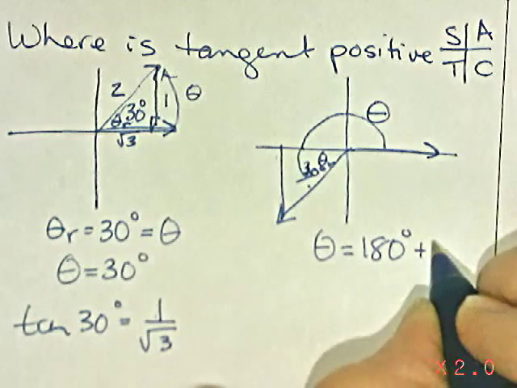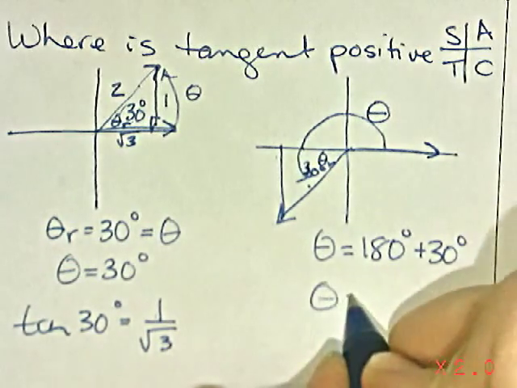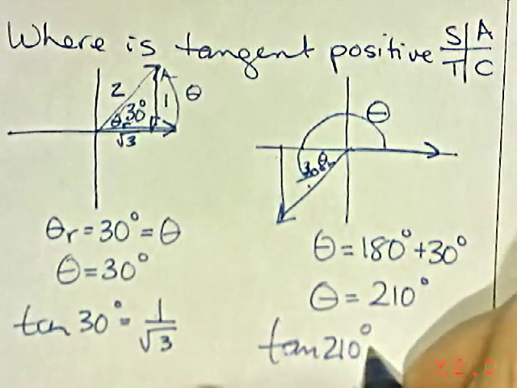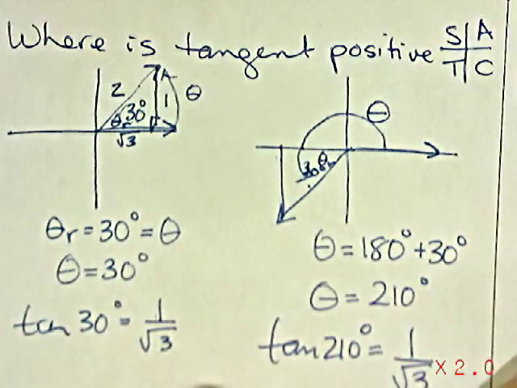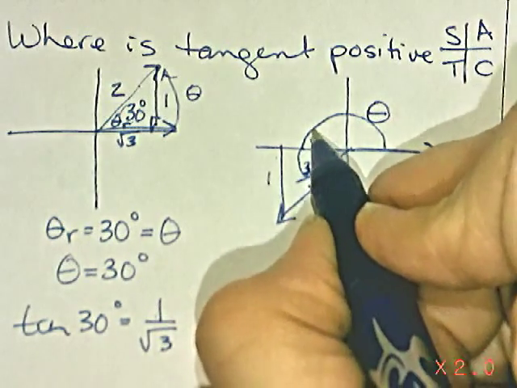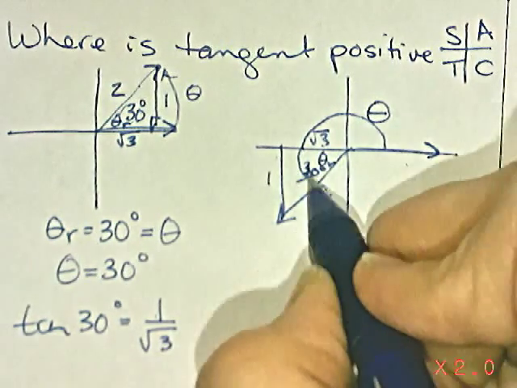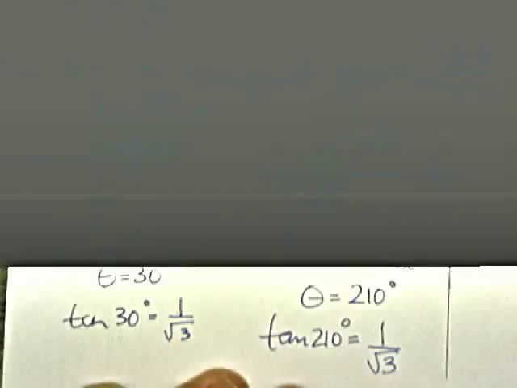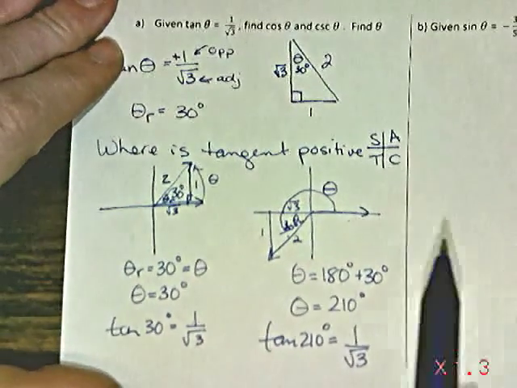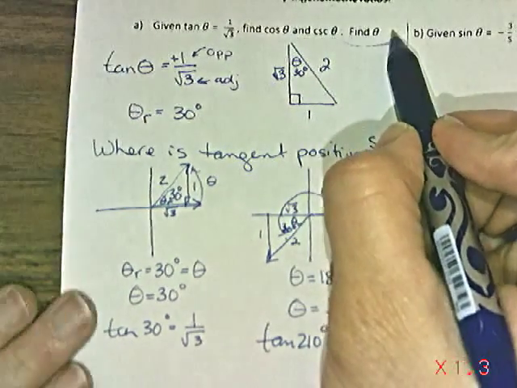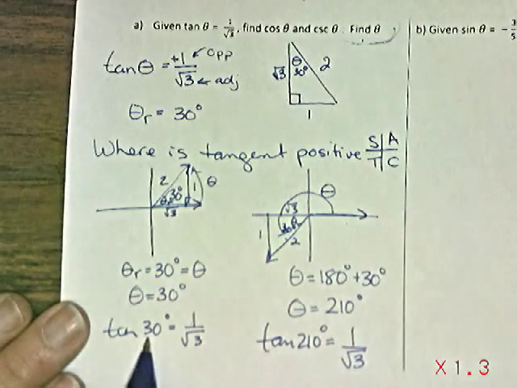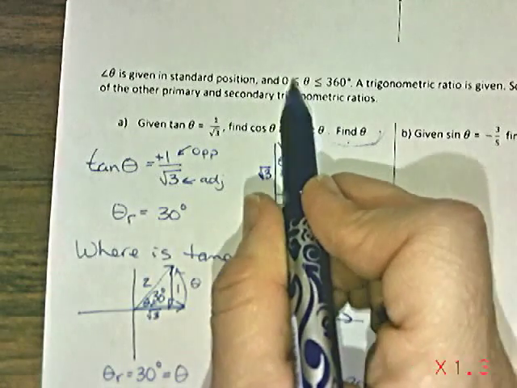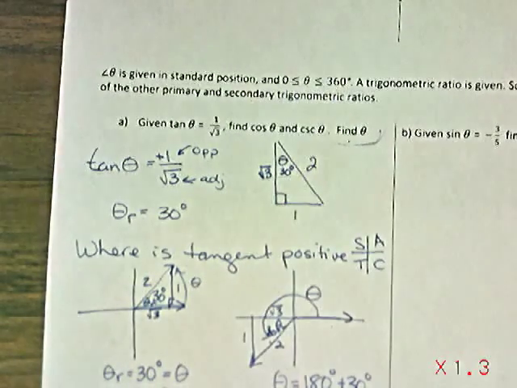So 180 degrees plus the 30 means that the other angle that makes this true, the tangent of 210 degrees, is also positive 1 over root 3, opposite over adjacent, for an angle that lands in the third quadrant. And so if we're asked to find the angle, I have actually done this part of it, find theta. Well, theta could be 30 degrees as well as 210, because we were told that theta lives anywhere in the first full circle worth of degrees.